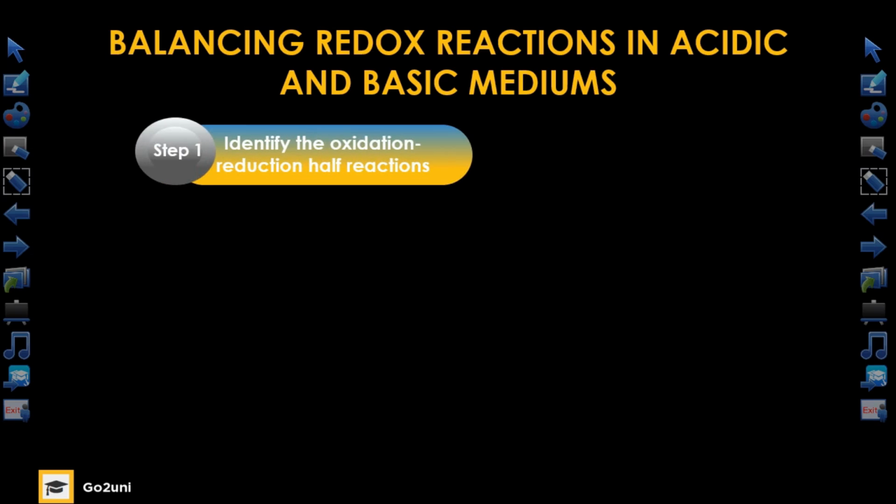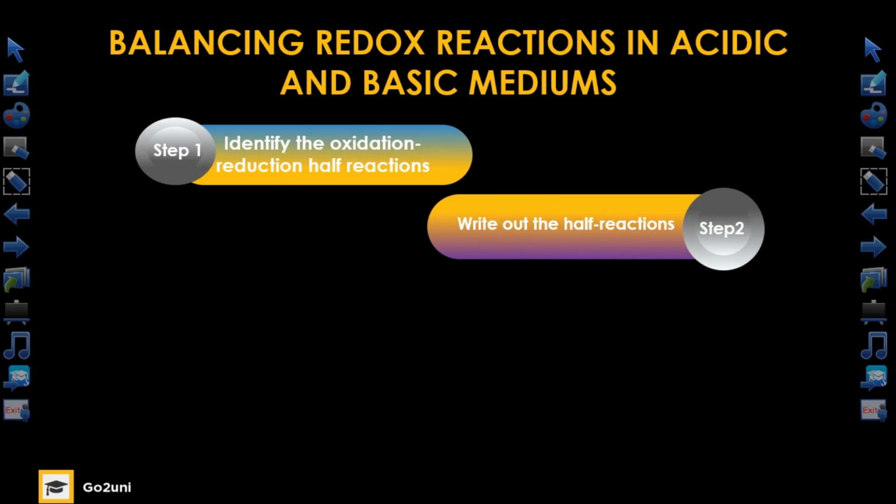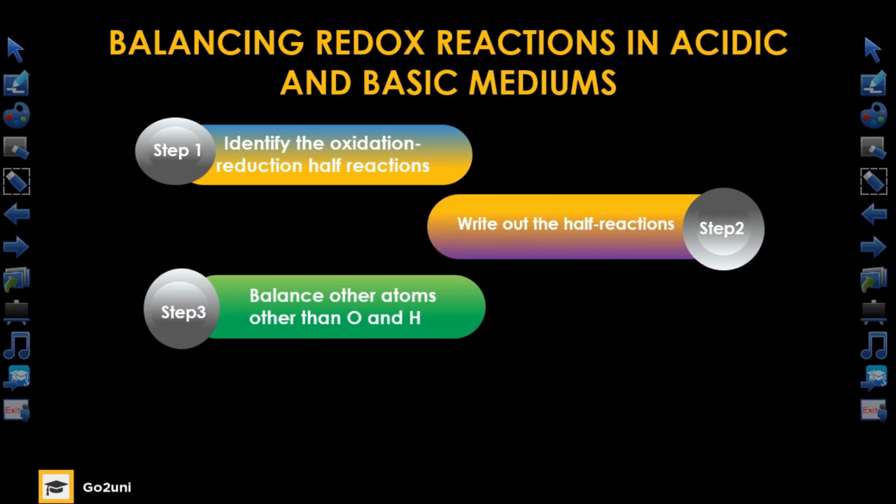The first step is we ought to identify the oxidation and reduction half cells. Next is to write out these half cell reactions. After writing out the half cell reactions, we balance atoms other than oxygen and hydrogen.